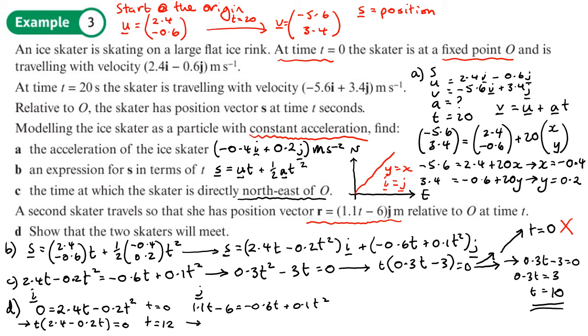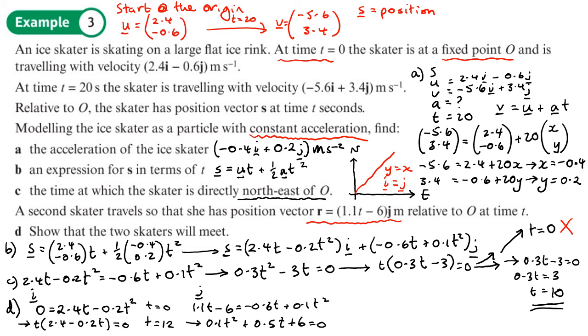We'll have 0.1t squared, negative 0.6t plus 1.1, so negative 0.6 plus 1.1 will give us 0.5t, plus 6 equals 0.